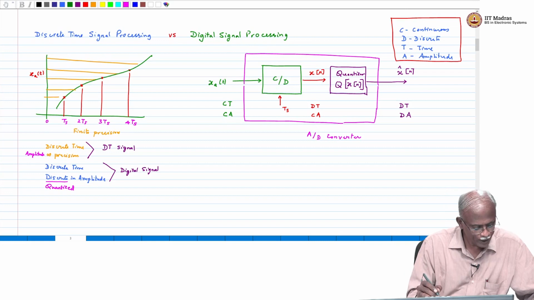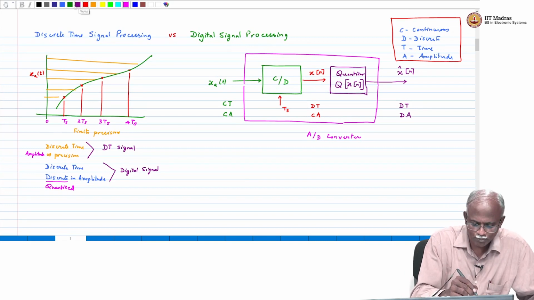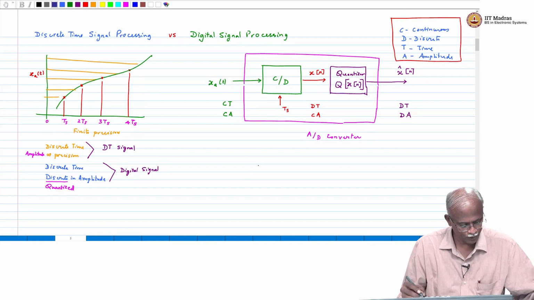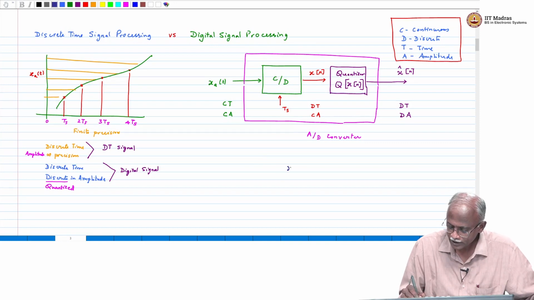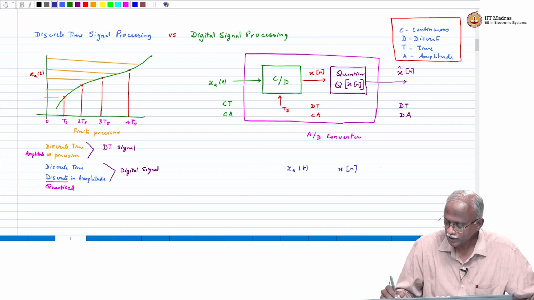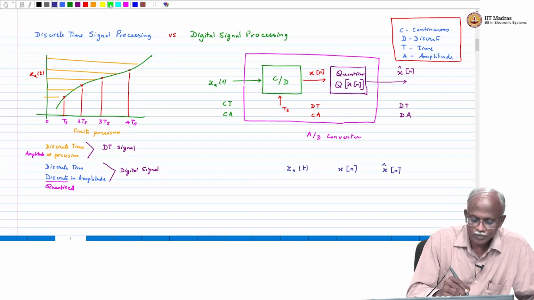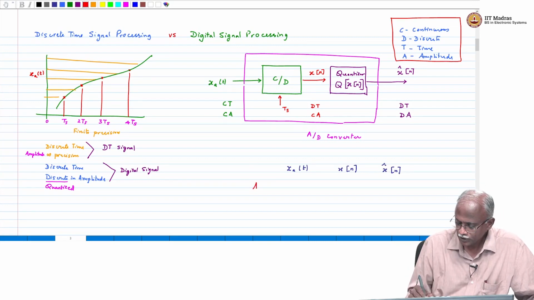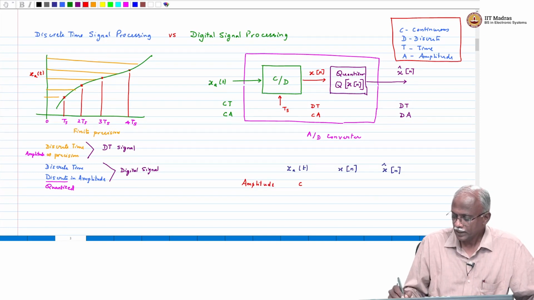A good way to represent it is by means of a simple table. Let me write that for you. If I have a signal xa of t, then I have x of n, and I have x hat of n. In terms of amplitude, a continuous time signal xa of t is continuous. The discrete time signal is also continuous in amplitude.